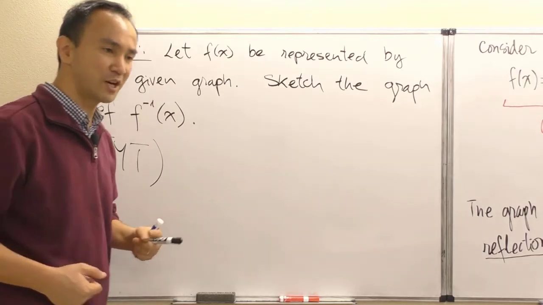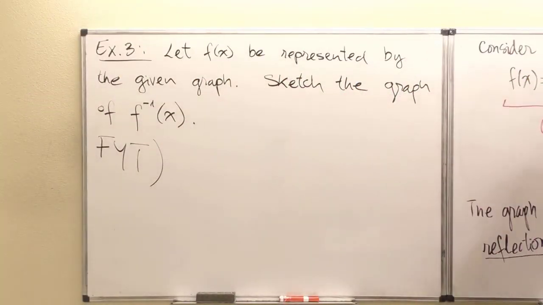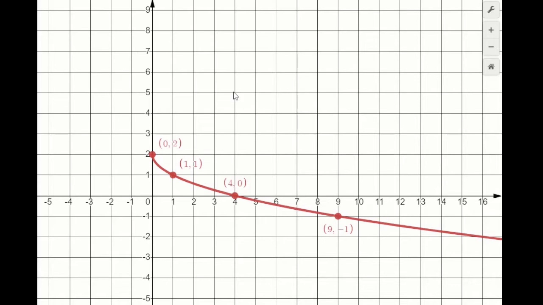All right, so here we go. This is the graph for our function, as you know, the graph for f of x. We don't have to know what rule gives this function, but from this function, let's sketch the graph of the inverse function.